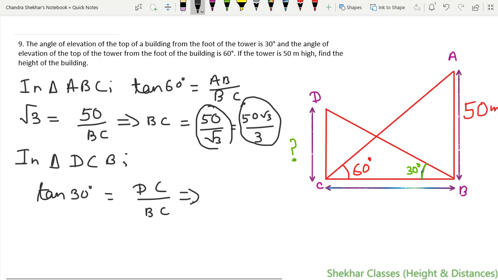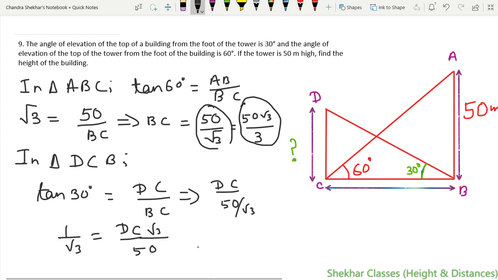DC is to be calculated here, and BC we already have, which is 50 upon root 3. So we can write tan 30, which is 1 upon root 3, equal to DC upon 50 upon root 3, which is DC into root 3 upon 50.